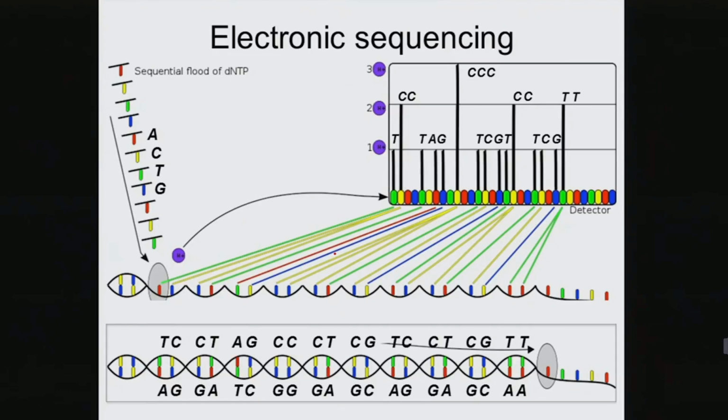If you flowed in some C's, maybe you get twice the amount of current associated with this incorporation, and you can say that 2 C's were incorporated into the sequence. And then finally, if you flowed in a T and you only got half the amount of current, you can say that only 1 T was incorporated into the sequence. And then you can read them across off of the screen, depending on that current that's being observed or recorded.